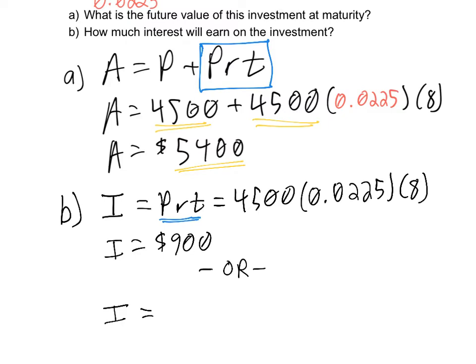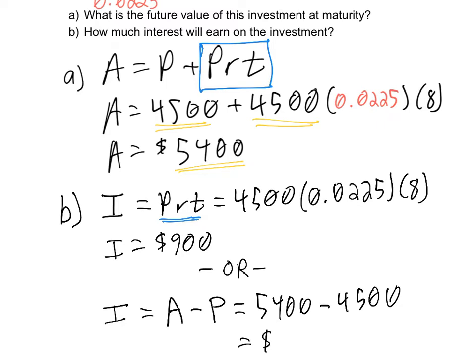So we could also figure out how much we have in the future, subtract how much we started with, and that will also give us the interest earned. 5,400 is what we have after 8 years. At the start, we had 4,500, and that similarly gives us $900.